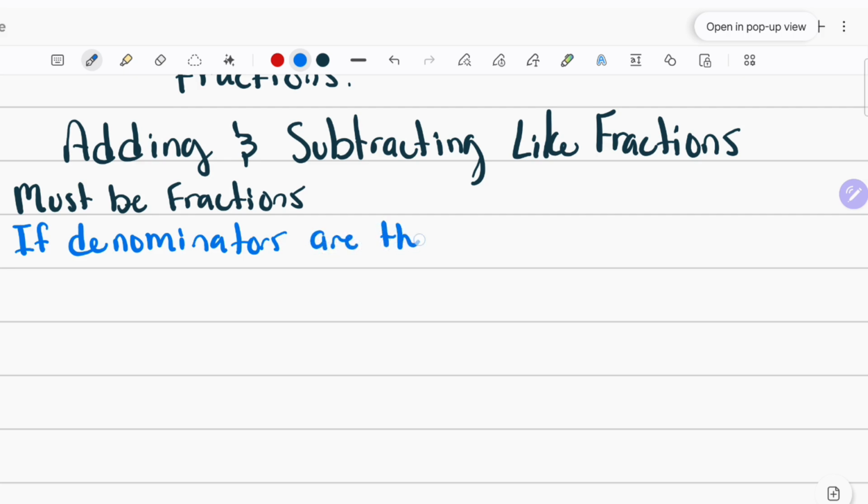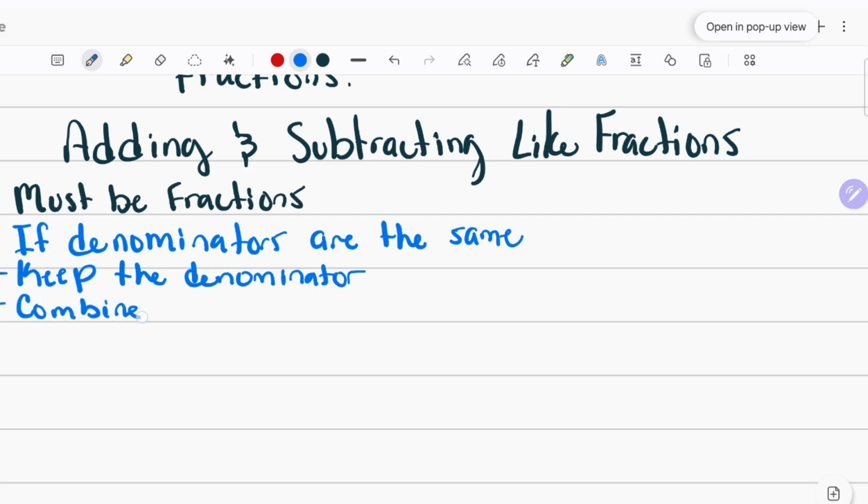If the denominators are the same, I want you to keep the denominator, but combine the numerator. Combine means add or subtract, whatever it tells you to do.